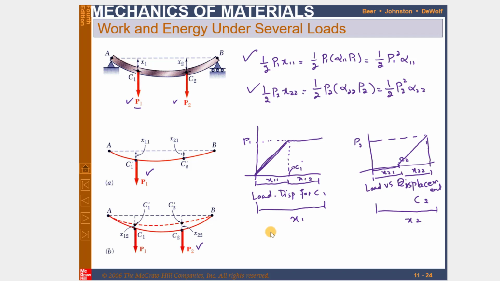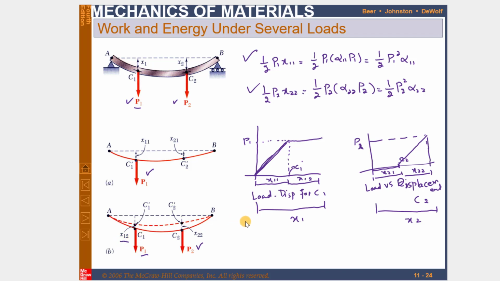So now by applying a load of P2 after P1, P1 will further cause the beam to deflect, so there is further work of P1 into x12. Clear?